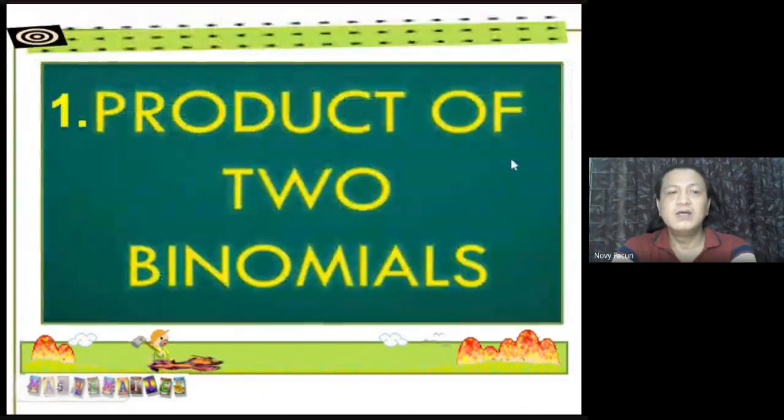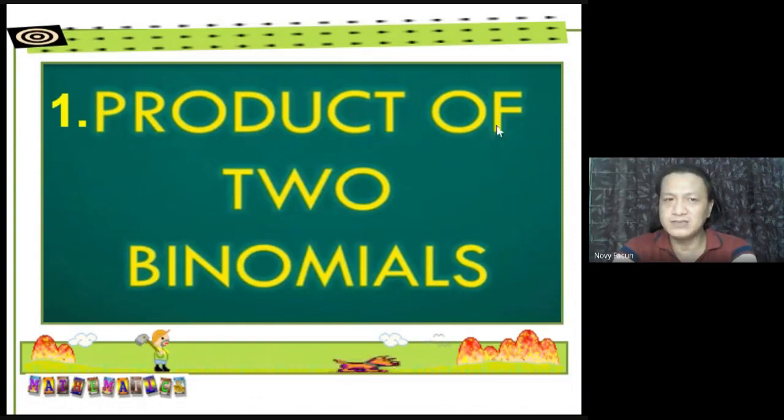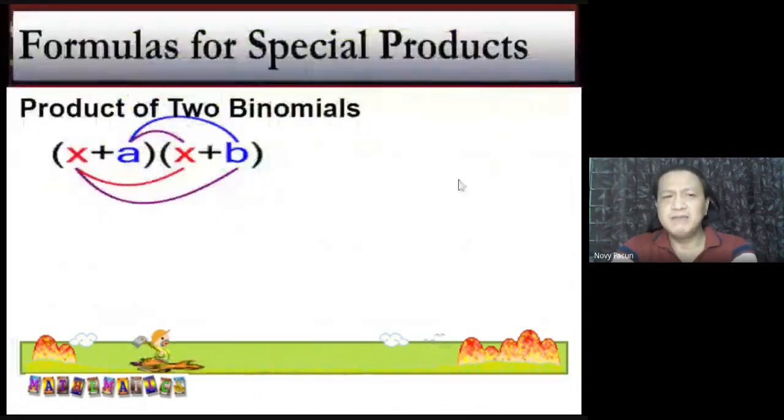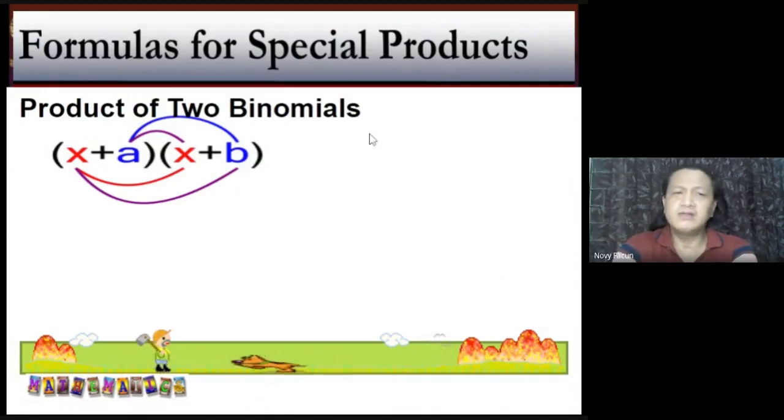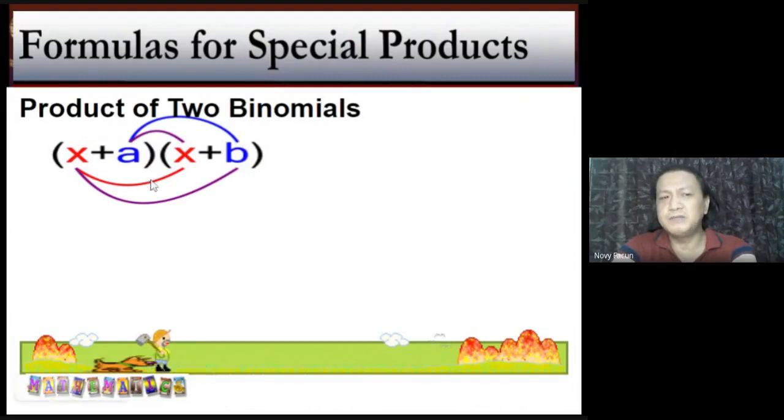Okay, so with that, we have the product of two binomials. So, ano ang ibig sabihin ng product of two binomials? As you can see, we have these terms, meaning there are two terms, two terms. If you recall, you can use the FOIL method, but since we are in special products, we have to apply the formula.